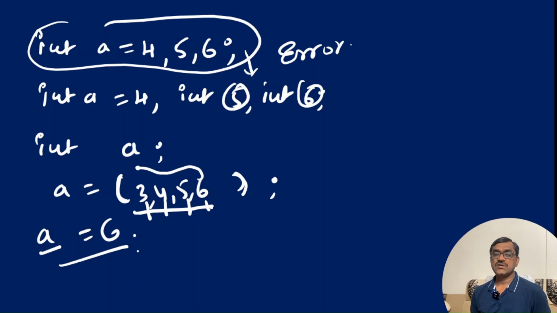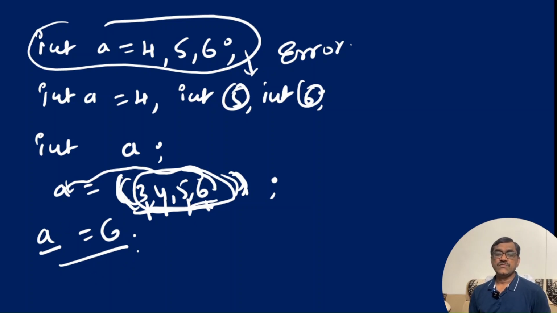Finally, 6 is assigned to a. So first we give importance to the parentheses. Once we complete the parentheses, finally we store the last value into a. So when we don't have parentheses, the a value is 3. When we have parentheses, the a value becomes 6. So this is the specialty of the comma operator.